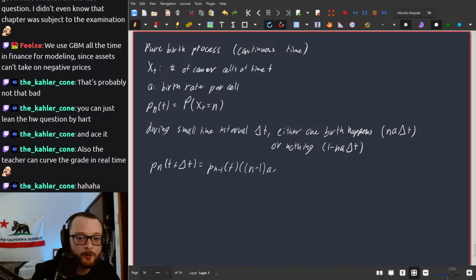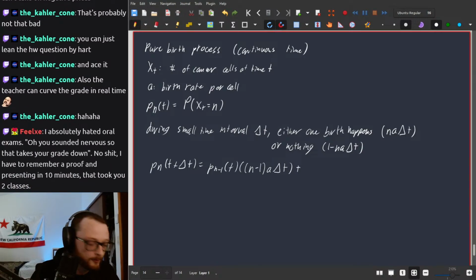So we're going to take the probability that a birth happens with n minus 1 many cells. Wait, it's the probability of getting to n minus 1 many cells times the probability of them giving birth again. And then if nothing happens, it's the probability of getting to n many cells times the probability of nothing happening in the next time interval.